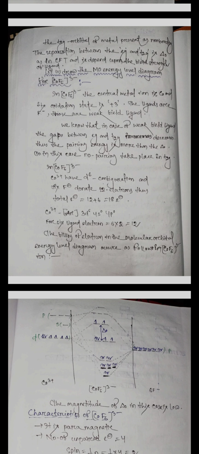These are weak field ligands. We know that in the case of weak field ligands, the gap between Eg and T2g decreases. Thus, pairing energy is more than delta O. So, in this case, no pairing takes place in T2g.